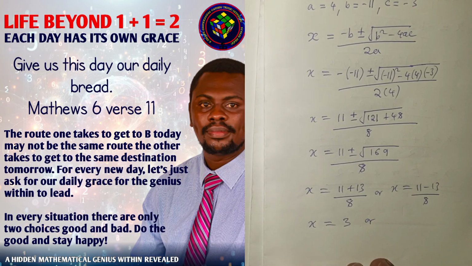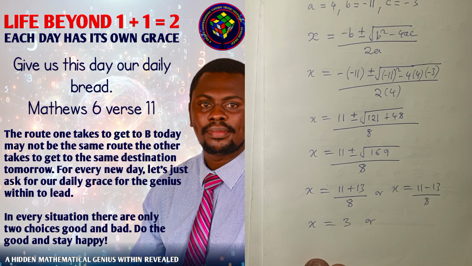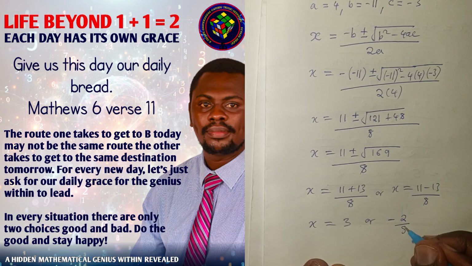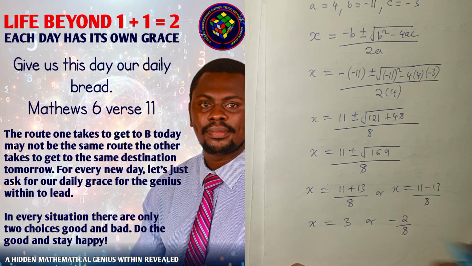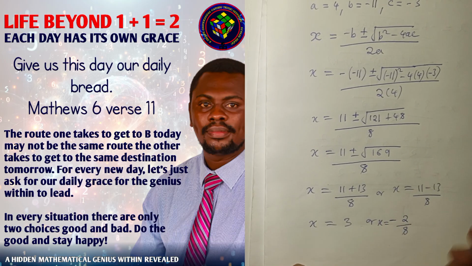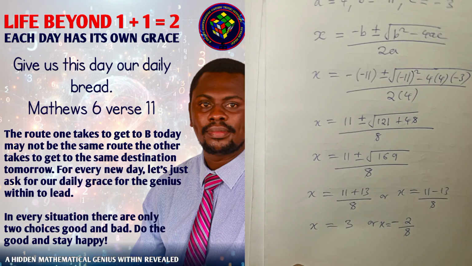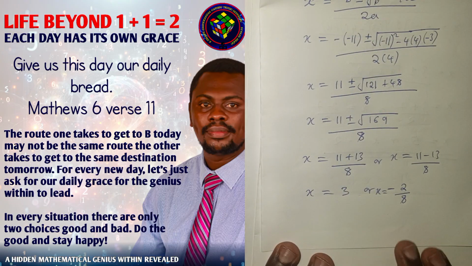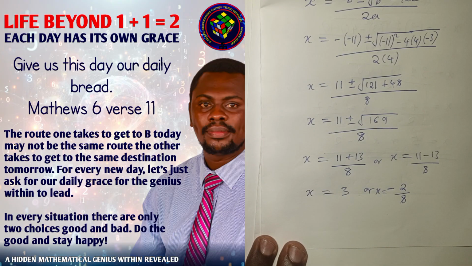Or, what is 11 minus 13? Yes, you get minus 2 over 8. Okay, so that is x is equal to negative 2 over 8. Now that fraction, yes, it's a proper fraction, but it is not simplified.